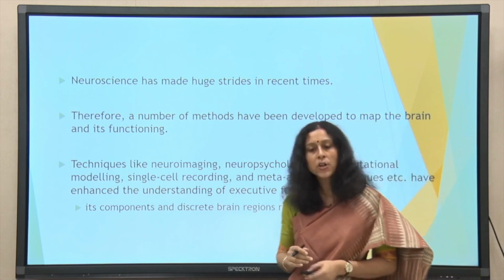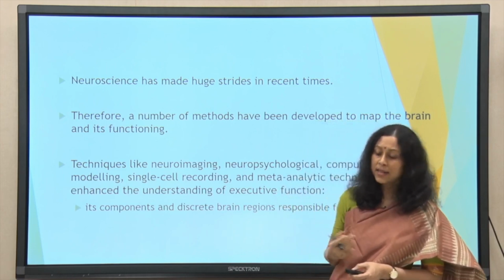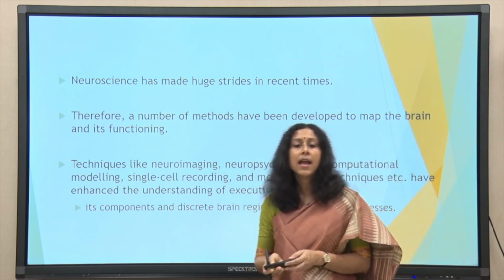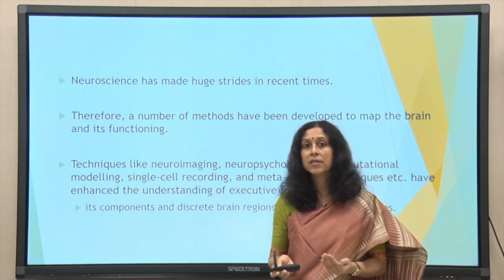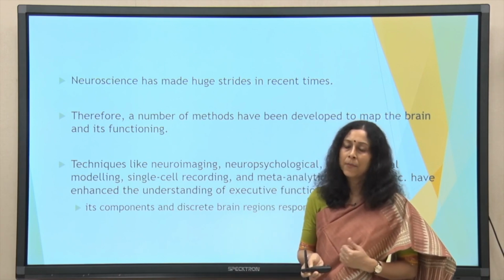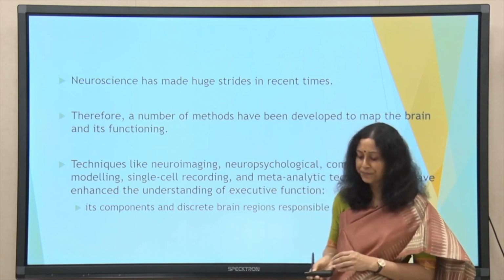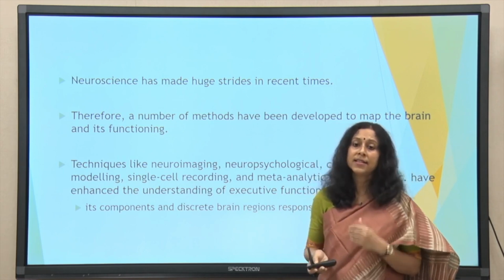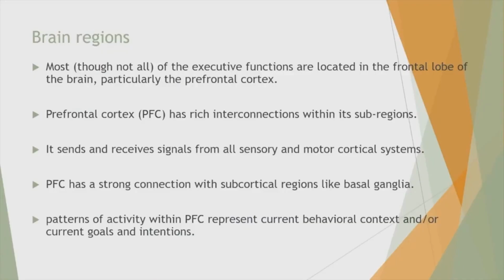So, techniques like neuroimaging, neuropsychological methods, computational modeling, single cell recording and meta-analytic techniques, and so on, have enhanced the understanding of cognitive function, executive function at the brain level, at the level of brain anatomy, as to what region is busy doing what, the components of executive function and the discrete brain regions responsible for this process.